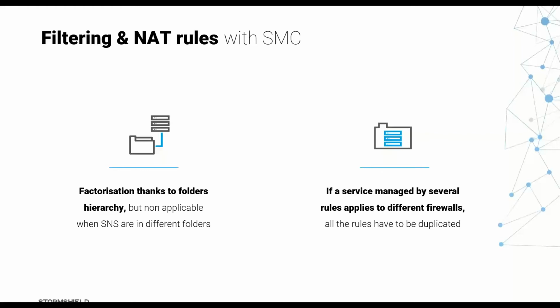However, this method doesn't work if the SNS are in different folders. Also, if a service is managed by several rules and you want to apply it to different firewalls, all the rules have to be duplicated for every firewall, and that can be quite a challenge for the administrator.